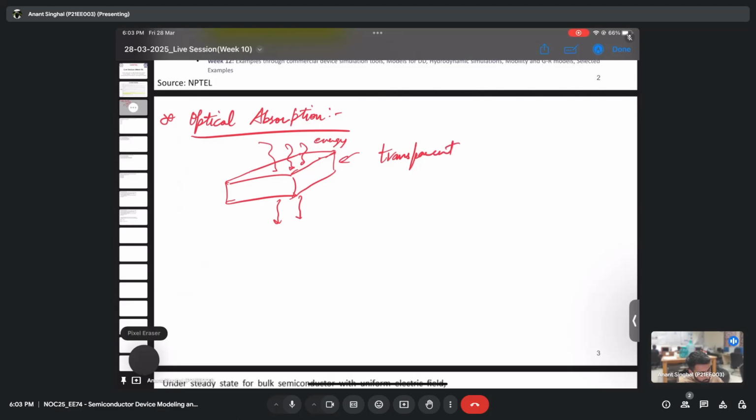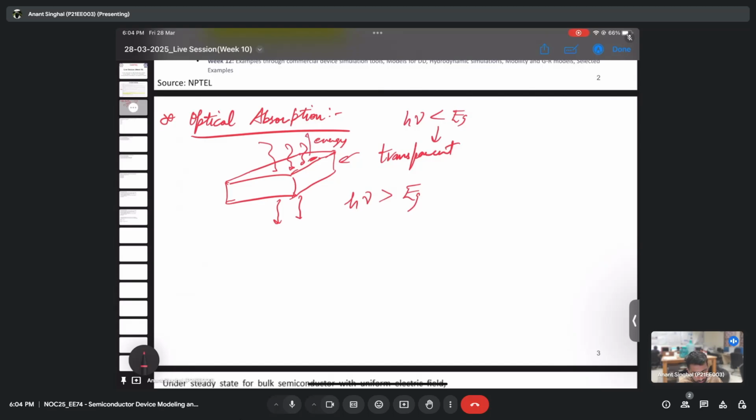So what I just said is that if the photon energy, let's say h nu, is less than the band gap, then the semiconductor appears to be transparent and the photons transmit through the material. But in the opposite case, if the photon energy is greater than the band gap, what do you think will happen? The photon will interact with a valence electron at the surface of the semiconductor and elevate that electron into the conduction band.